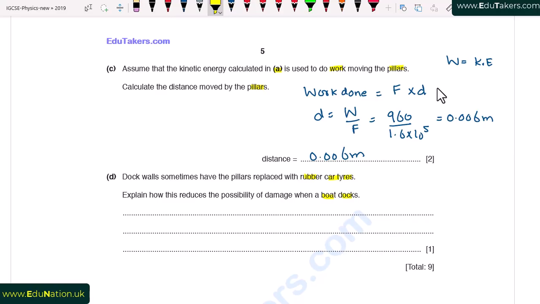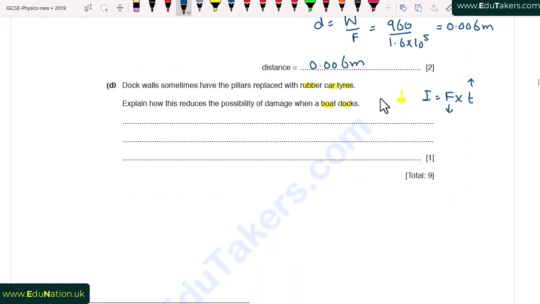When the time of contact is greater, and according to impulse, I is equal to F × t, when this time is greater, then force will be smaller so that it does not damage. So I write here, as contact time increases, the force decreases.